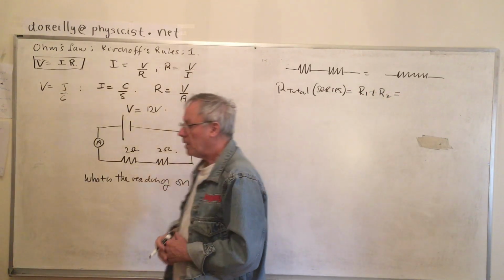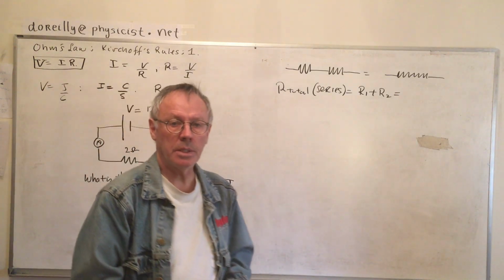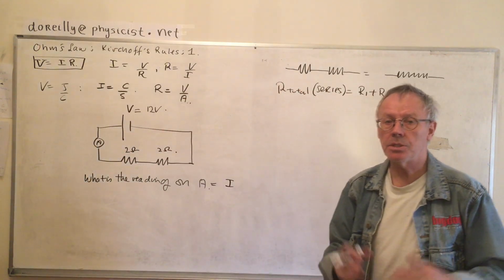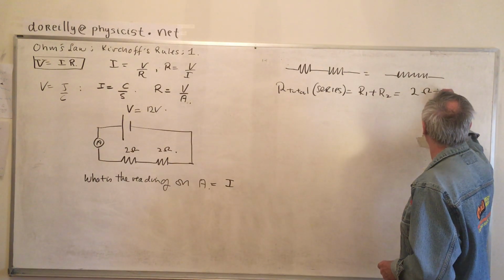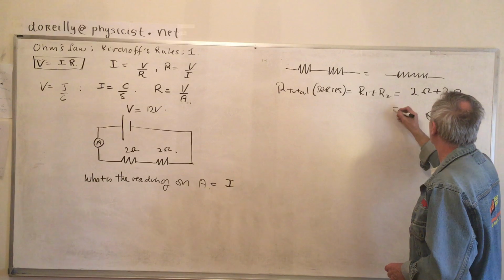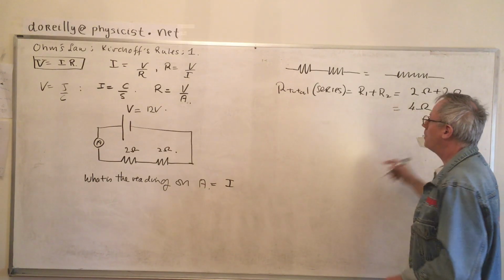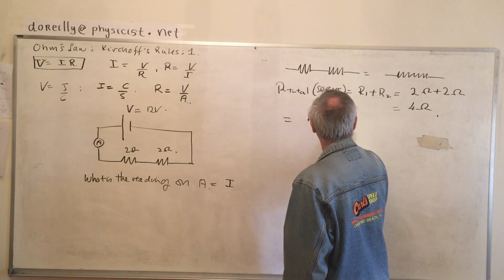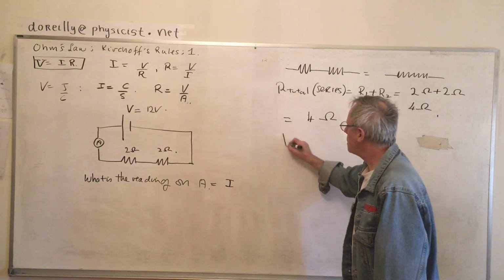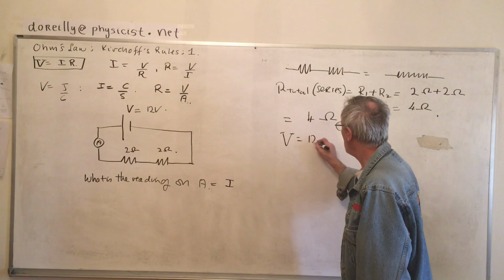So the total resistance in the situation where the resistances are in series is just the sum of the resistances. So the total resistance in this circuit is 4 ohms. Now the voltage in the circuit, in this case, is 12 volts.